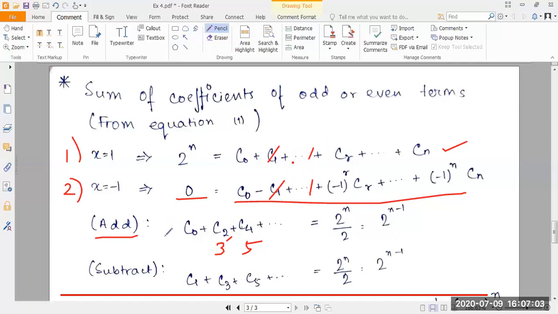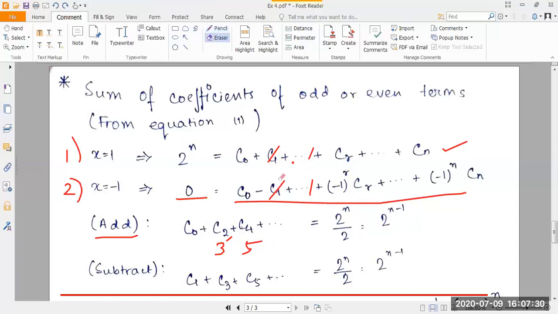So initially it was 2 into (C0 + C2 + C4). What I did was, I took this 2 to the denominator of the right hand side, that is, I divided both sides by 2, and I ended up with C0 + C2 + C4 + ... = 2^n / 2, which is essentially 2^(n-1).